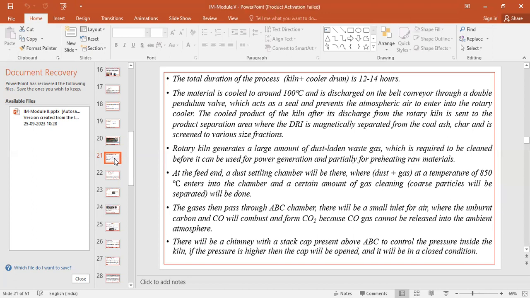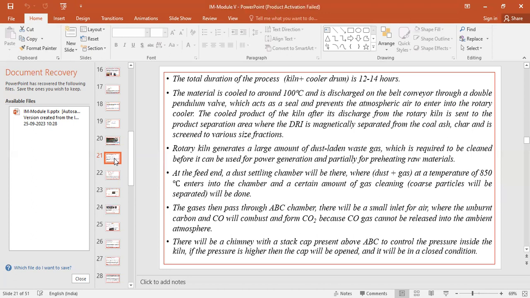If you see the other end of the kiln, where there is a feed end, you have a dust settling chamber, because a lot of dust will be emitted during this process. Apart from that, a certain amount of waste gases also will come out, just like the off gases in the glass furnace process, along with a certain amount of heat associated with that gas, which has good calorific value.